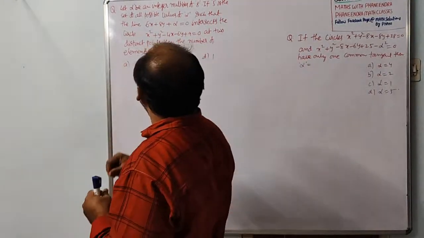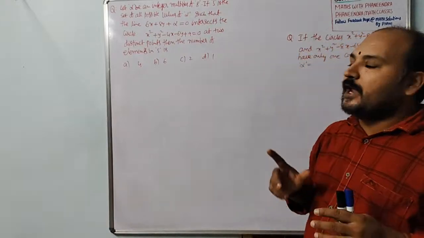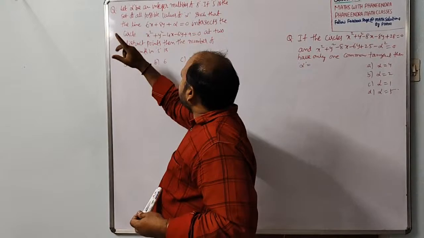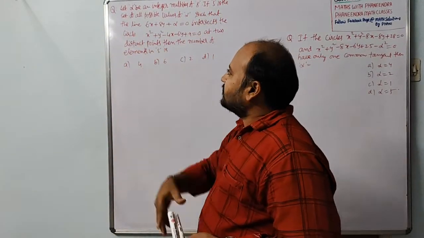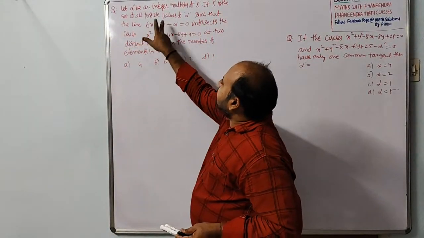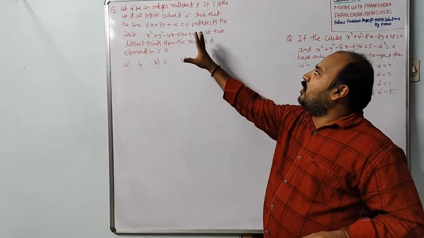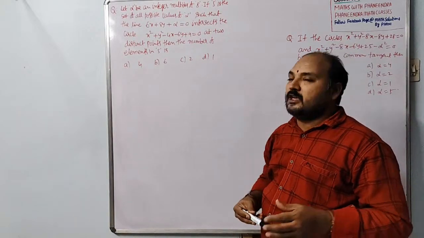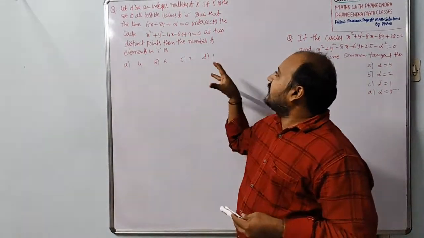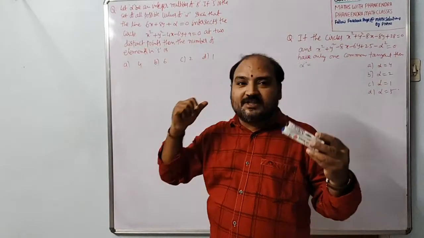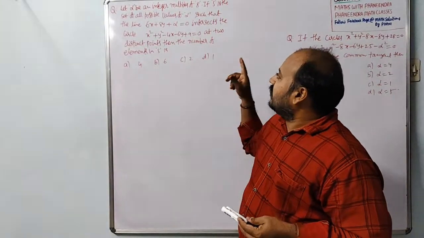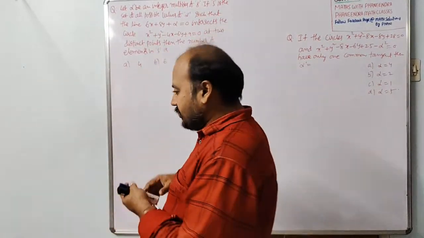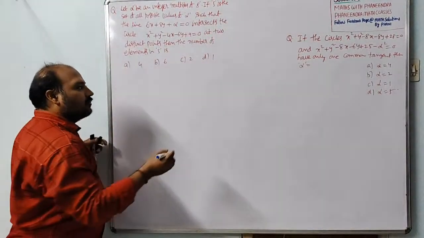Let alpha be an integer multiple of 8. We want multiples of 8. If S is the set of all possible values of alpha such that the line 6x plus 8y plus alpha intersects the circle x square plus y square minus 4x minus 6y plus 9 equal to 0 at two distinct points, then the number of elements in S is. According to the question, you need to draw a rough figure.